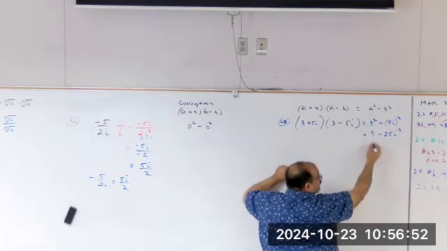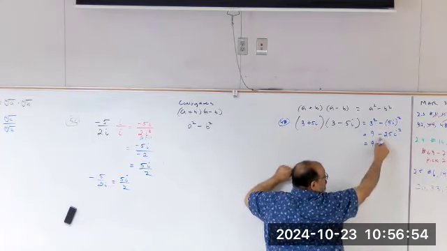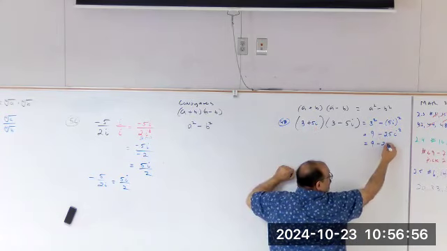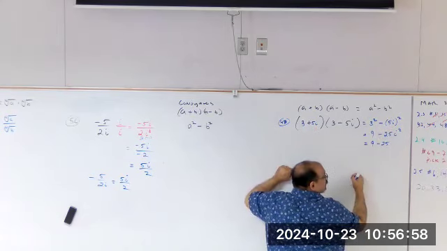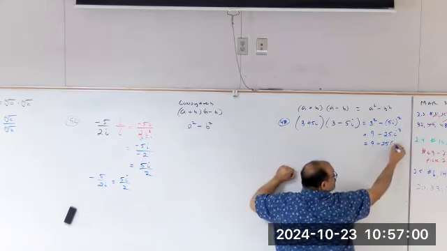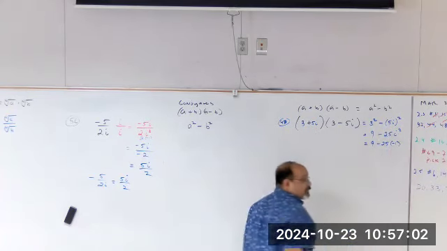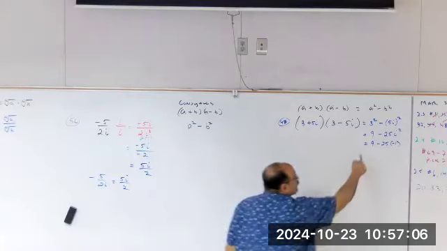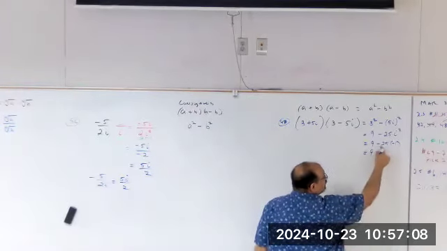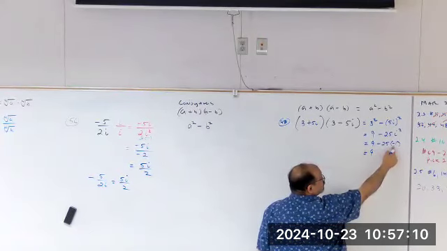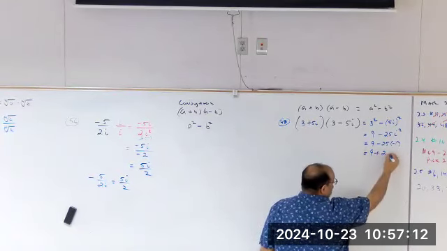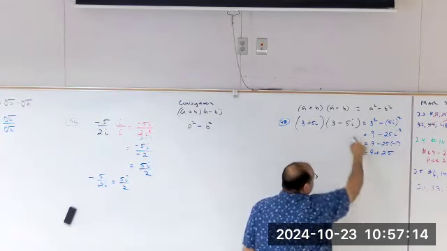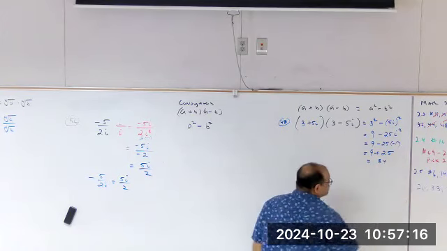You're not done. This is equal to 9 minus 25. What is i squared? How many times have I asked that question today? What is i squared? Just say a lot. Okay. So now this is 9. What's negative 25 times negative 1? You get plus 25. So this right here equals 34.